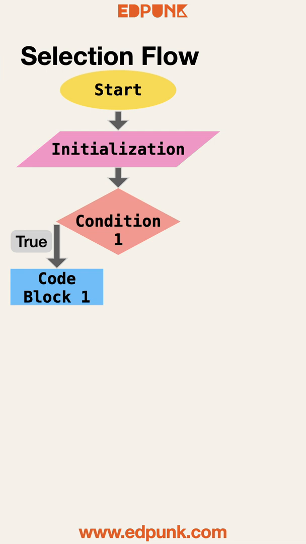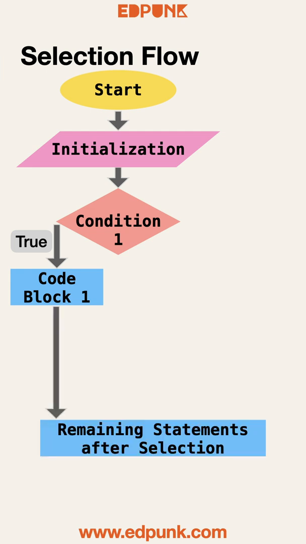In case the test condition 1 is satisfied, it returns true and the code block 1 is executed. In case there are any remaining statements which are outside the selection statements, they are executed, post which the code execution stops.